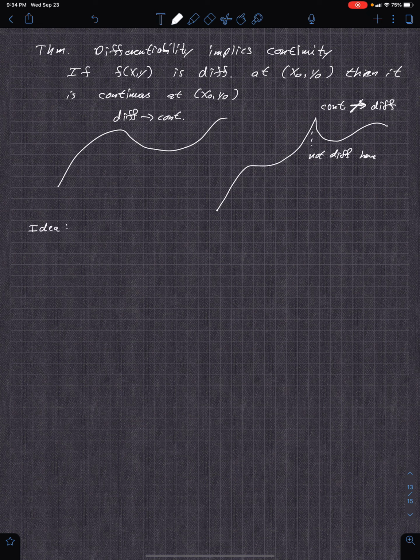So the idea to prove it is we're going to use the limit of f of x as x approaches a equals f of a. Okay, so that's what we want to have. We need that to be continuous. There's a theorem basically that says if you can show this and f of a is defined and real, or a real number, then the function is continuous.